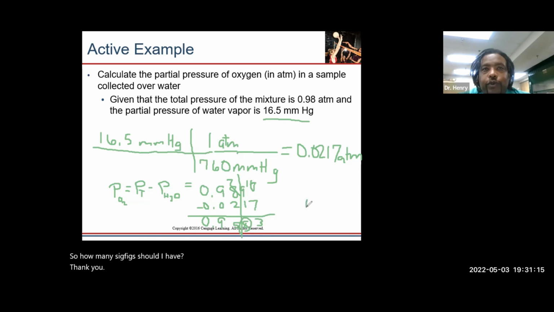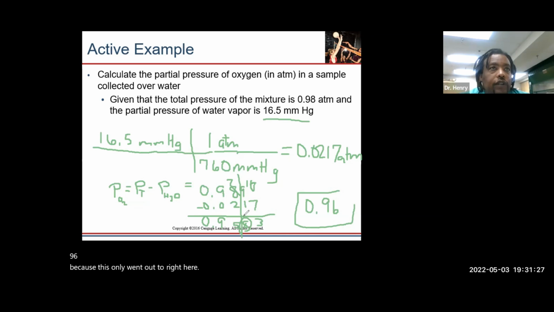So should it be 2? It'd be 0.96 because this only went out to right here. And so if we were lining up, we'd use that 8 to round up. Make sense?